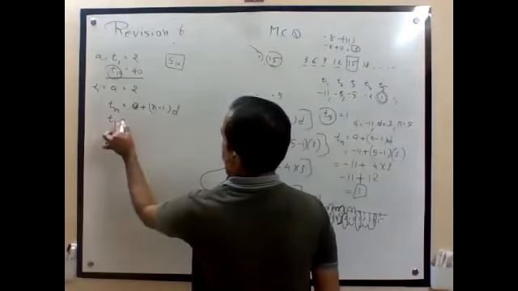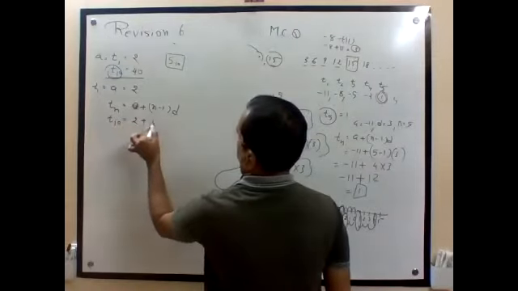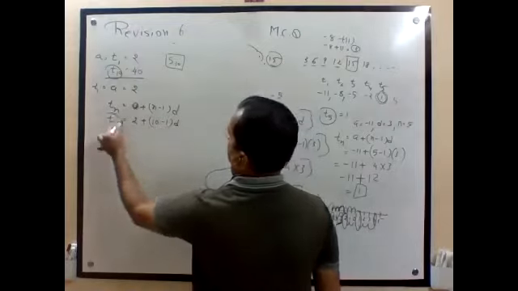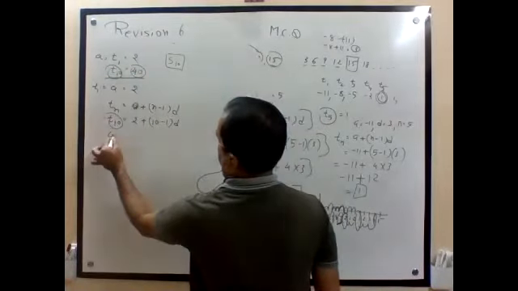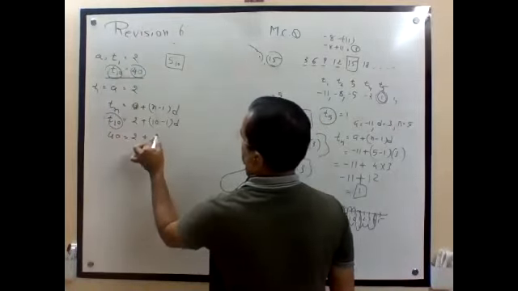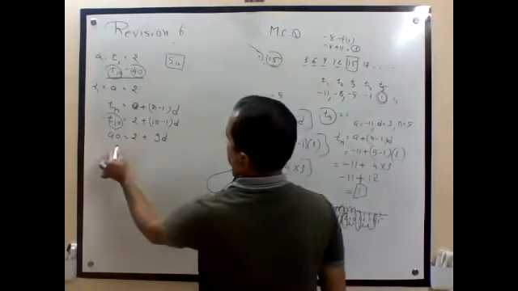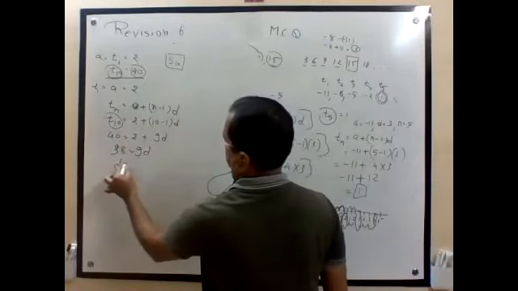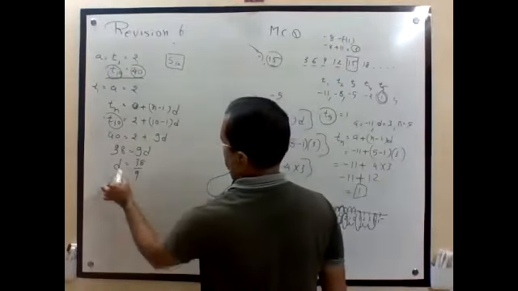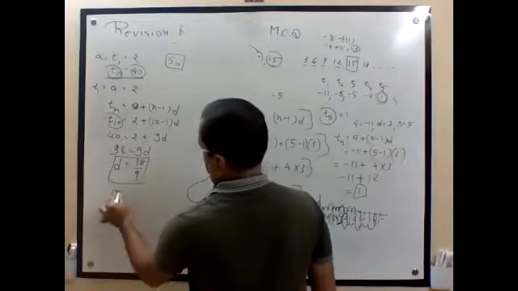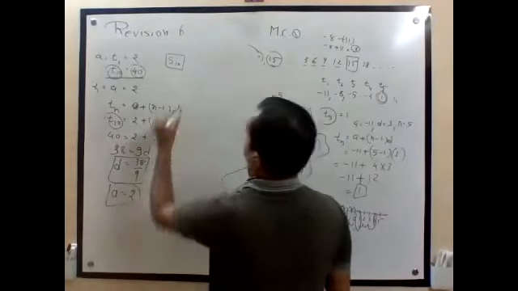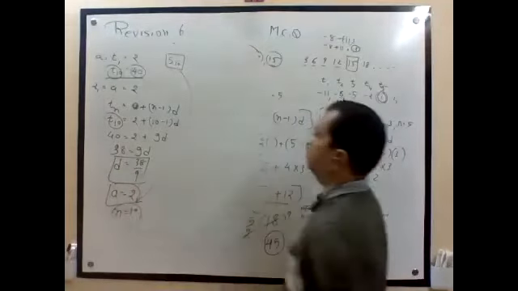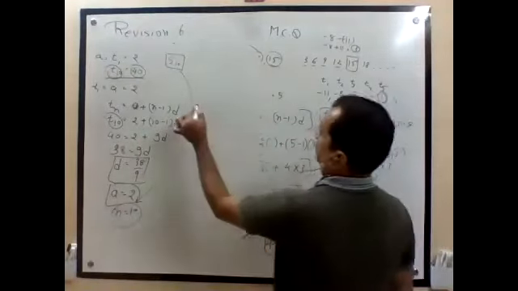So T10: A means 2, n is 10, and the difference. T10 is also given as 40. 2 less is 38, divided by 9. And n is equal to 10. Now we want S10.